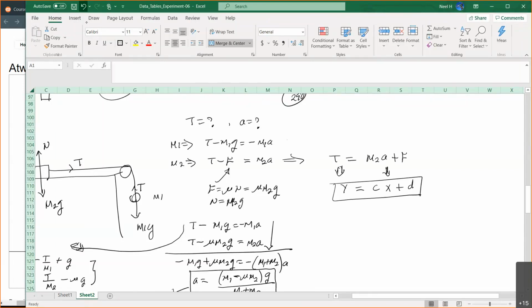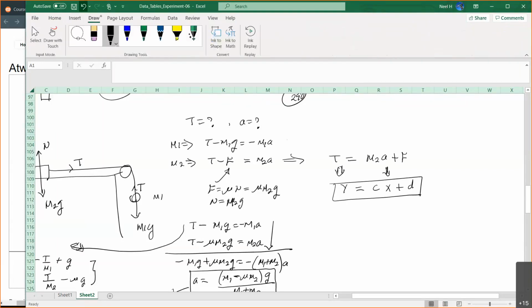Now, if you take a look at that equation, it's better to look at it because your M2 should still be the slope of the graph, right? If I find the slope of the graph, I can find M2. However, by looking at the y-intercept of the graph, I can get an idea about the friction force.